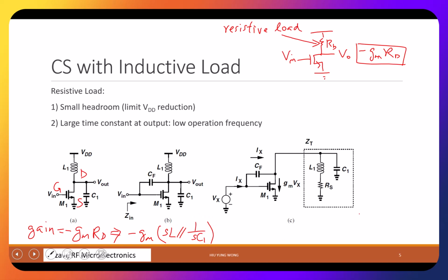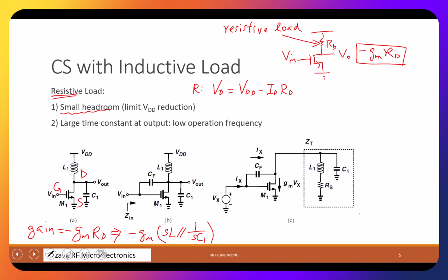Okay, then why do we do that? That is because of one advantage. For a resistive load, you have a small headroom. So what does it mean? Let's look at the drain voltage, VD. If you use the resistor as the load, then your VD, of course, equals VDD minus ID times RD.